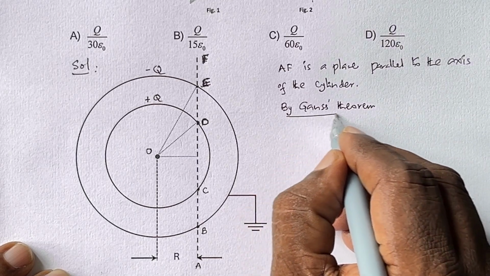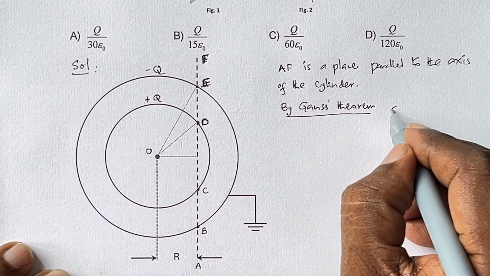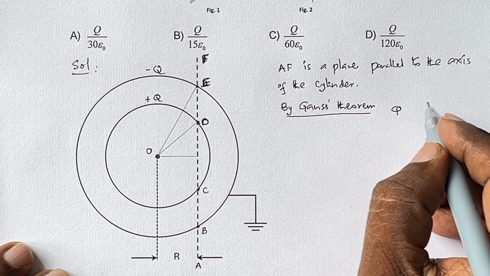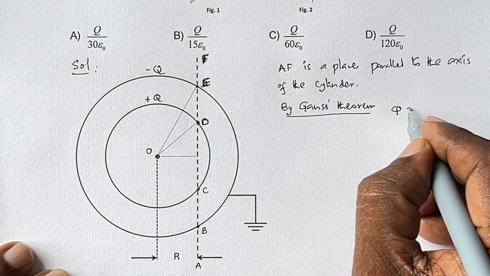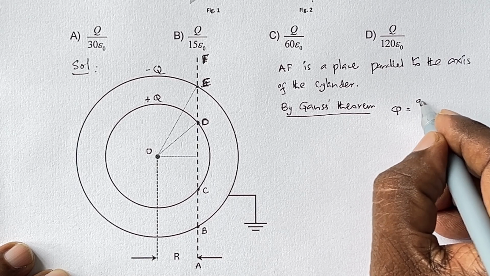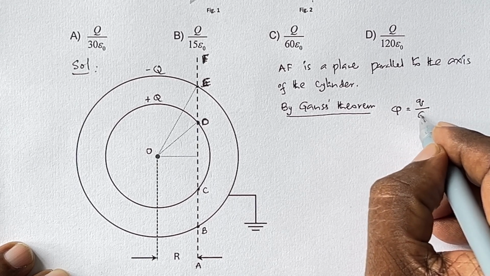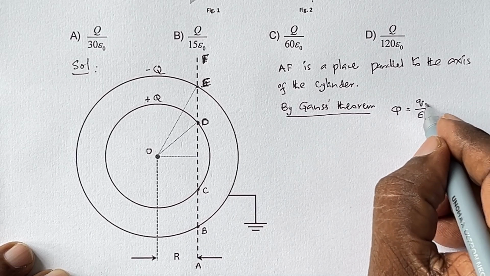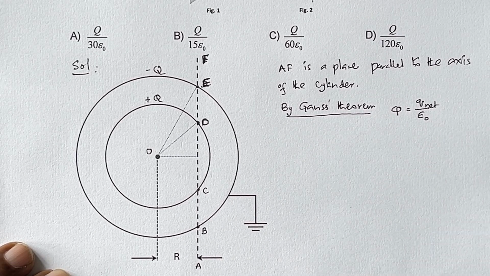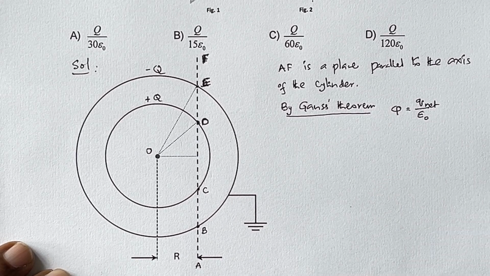What does Gauss's theorem say? The flux through a Gaussian surface is 1 by epsilon times the charge enclosed in it, the net charge.